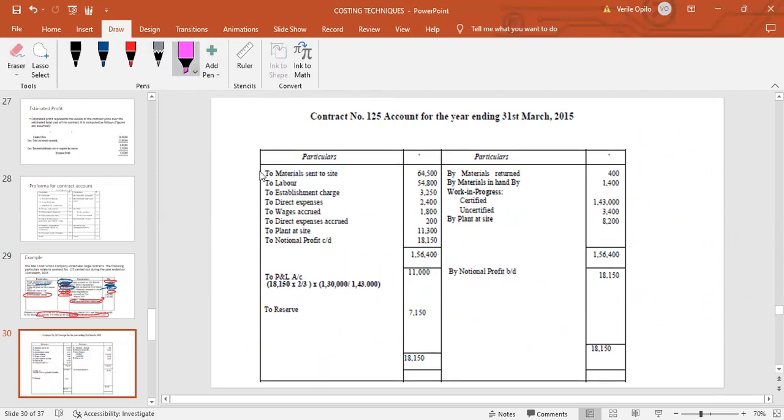You debit with the costs that the business has incurred: labor costs and expenses are debited in the contract account. The ones that need to be credited are the materials that have been returned, the ones still at site, the work in progress, that is the work certified and the work uncertified, and also the written down value of the plant at site. That is all we will be required to know with respect to the contract account.